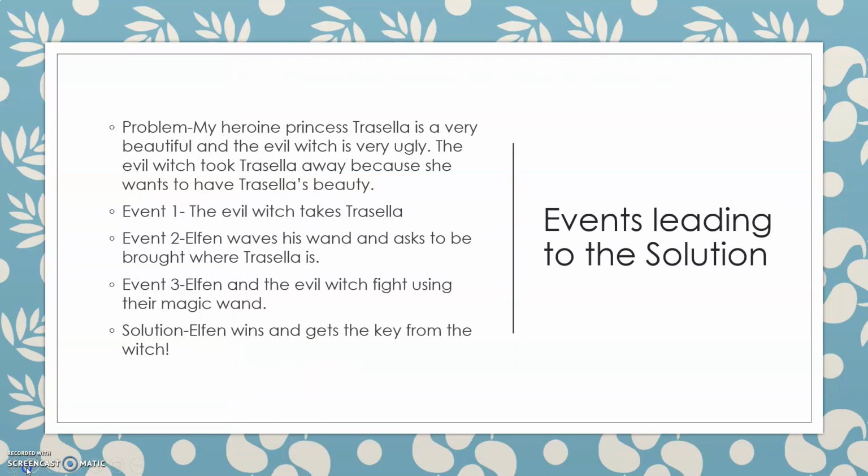Okay? So the problem that I had in my fairy tale was that my heroine, Princess Tricella, is very beautiful, and the evil witch is very ugly. So the evil witch came and took Tricella away because she wants to have Tricella's beauty.